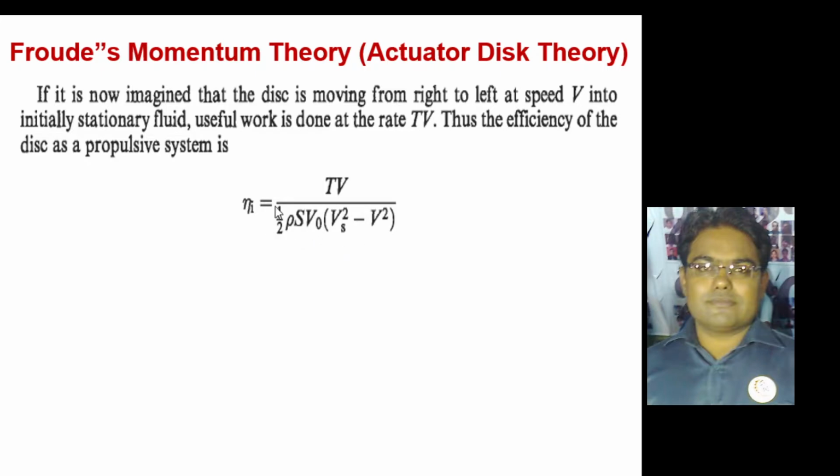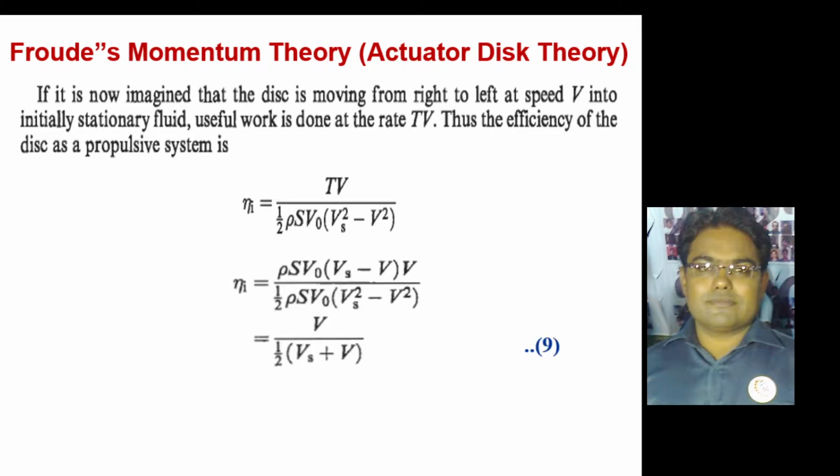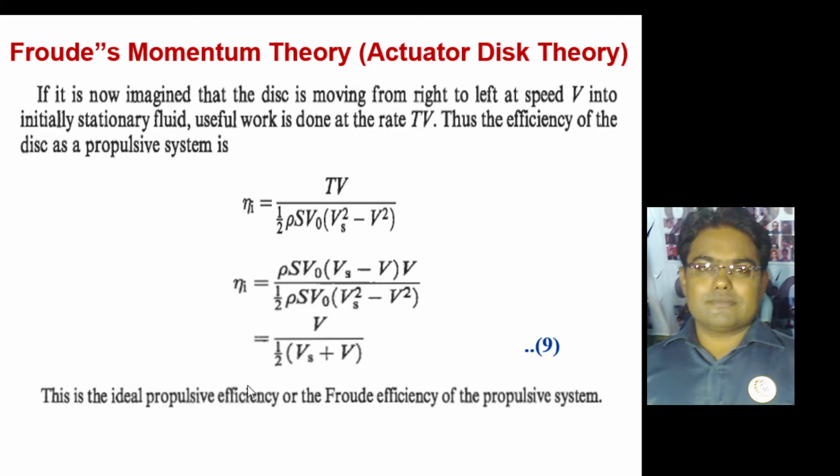So that is known as the ideal efficiency or propulsive efficiency of the propeller. So we can write the thrust equation as rho s v naught (vs minus v) into v. Further simplification will arrive at this sort of equation of Vs plus V, right? Divide through by the free stream flow velocity V, and we can relate this in terms of the inflow factor.